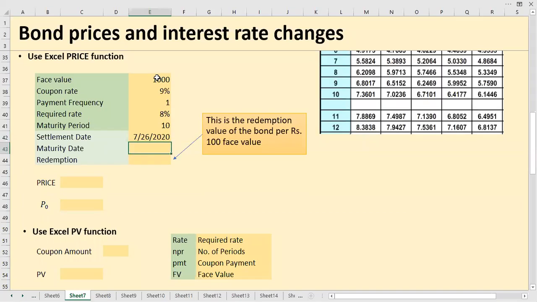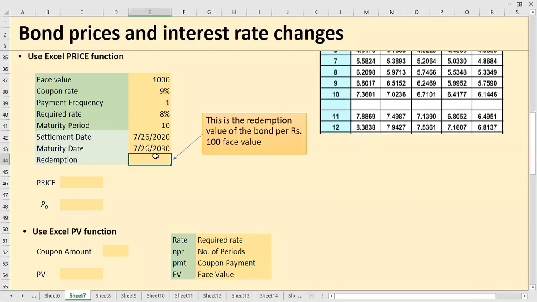Today is 26th July 2020. Since we have 10 years to maturity, what we add as the maturity date is a date just after 10 years of today's date. So again 7/26/2030. That is the maturity date.